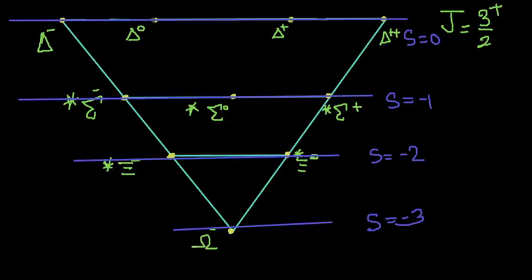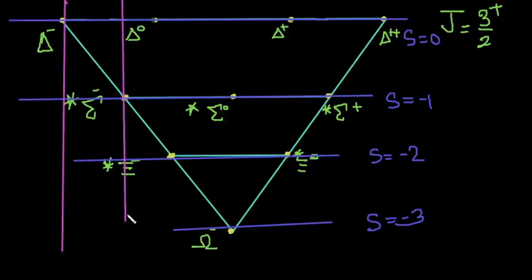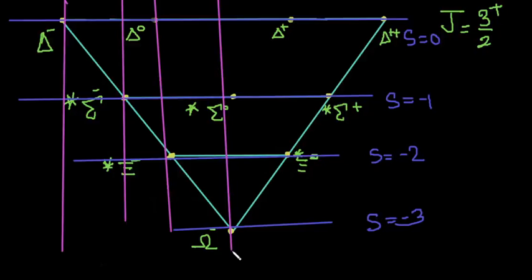Now let us draw the vertical lines for the third component of isospin. This is the first vertical line. The second vertical line consists of only sigma. The third vertical line consists of delta and cascade. Then the fourth one will be sigma and omega.